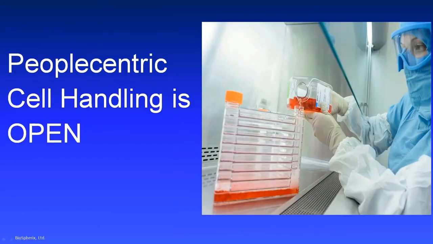Now, when it comes to cell handling in a traditional room air setting, cells go to something like a BSC. And now it's even worse. The oxygen is too high, the CO2 is too low, and now the cells are cold. So even if you pre-warm your medium, it cools really rapidly in a BSC. And that takes time for it to warm back up after you get the cells back into the incubator.